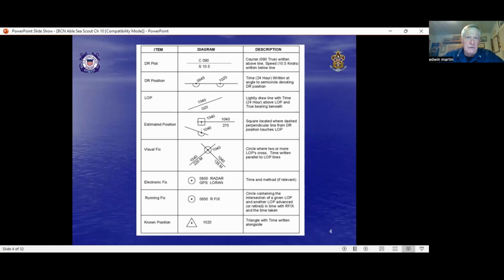Electronic fix, again, of course, we don't have LORAN anymore, but we do have radars and we do have GPS. A running fix, we'll get into that later on. Known position, usually alongside a fixed aid or something of that nature.